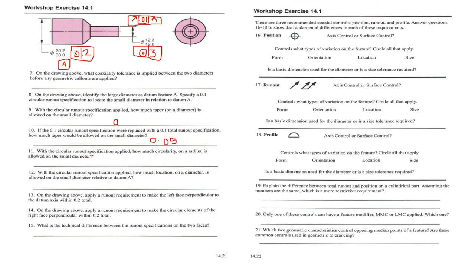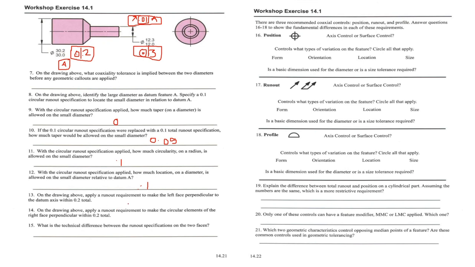With the circular runout specification, how much circularity on a radius is allowed on the small diameter? It's 0.1. And how much location on a diameter is allowed on the small diameter relative to datum A? It will be the same, 0.1.